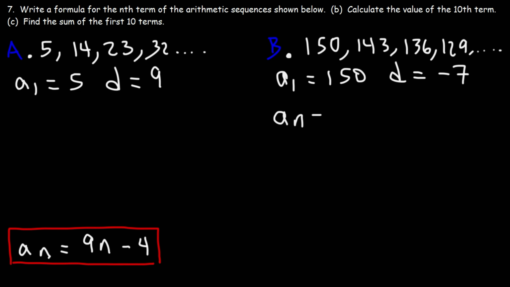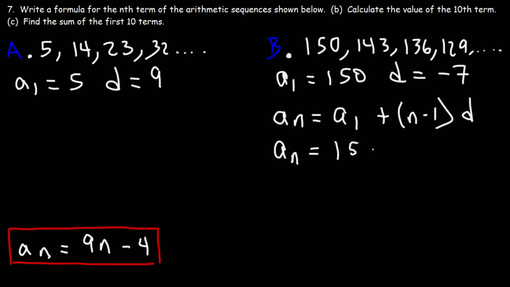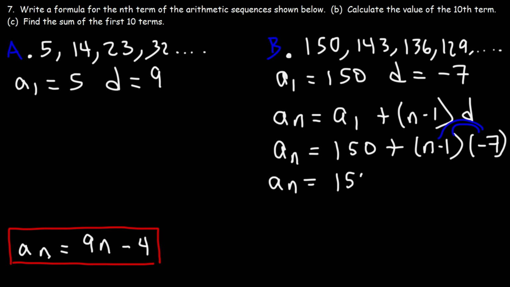Now let's plug it into this formula to write the general equation. So a sub n is going to be 150 plus n minus 1 times d, which is negative 7. So let's distribute negative 7 to n minus 1. So it's going to be 150 minus 7n, and then negative 7 times negative 1, that's going to be positive 7.